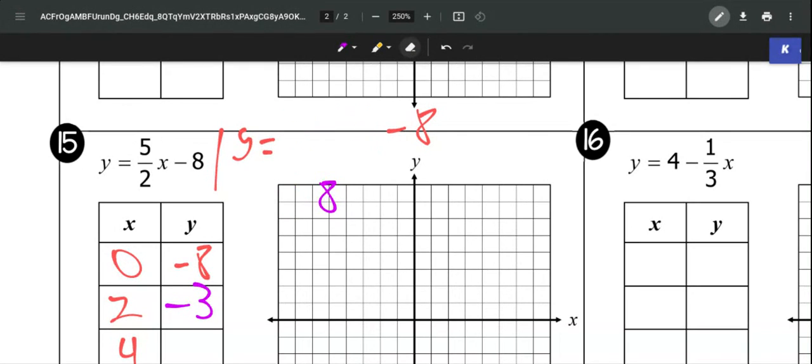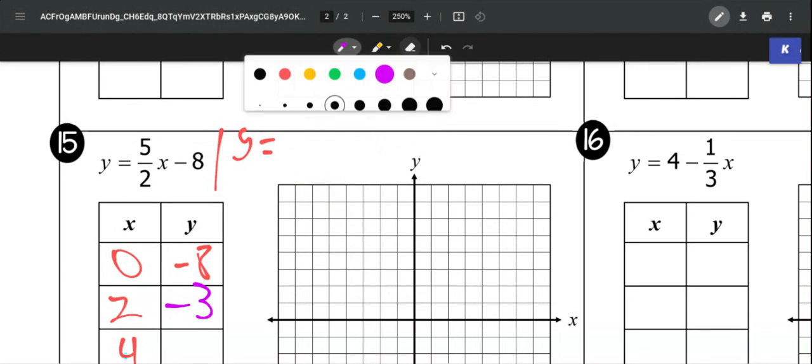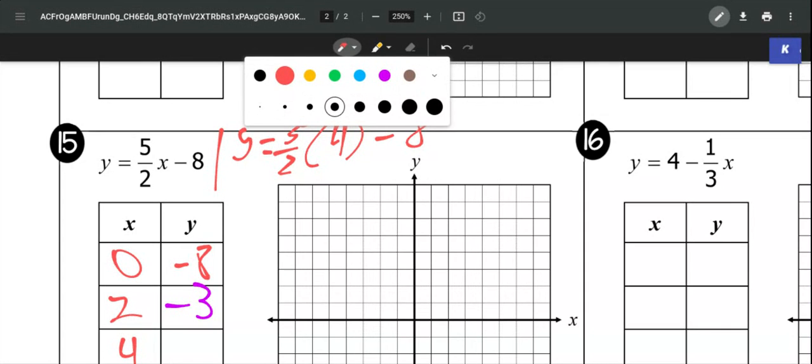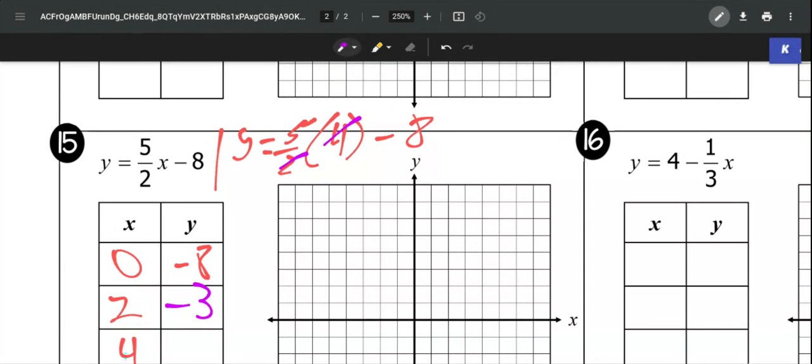All right, now we'll do this all over again. And now we'll have 4. So if we do 5 over 2 times 4 minus 8, we can divide across the diagonal. 4 divided by 2 is 2. So we actually have 5 times 2 minus 8, which will give us 10 minus 8, which is 2.